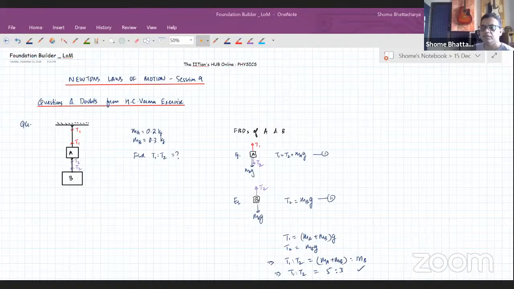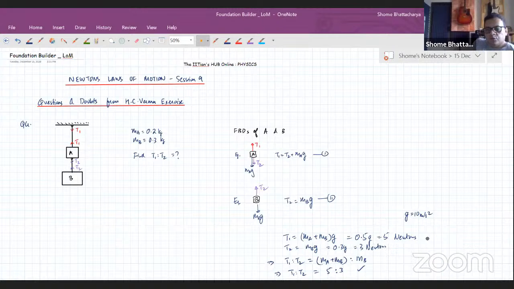So you can directly see that this tension will become 0.5 G or 5 newtons because G has been given as 10 meters per second square. So that is 3 newtons. Okay. So your final answers are 5 and 3 newtons respectively. Okay. Now go through the sixth and seventh question next. We will discuss about that.